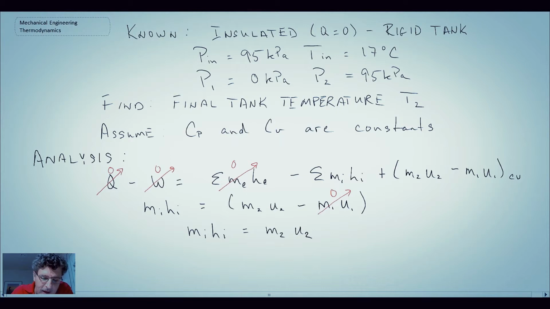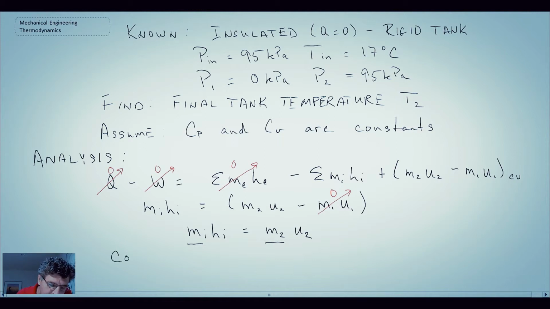By studying it for a moment, on the left-hand side we have the mass in, and on the right-hand side we have the mass at state 2. It was originally evacuated, so everything that flows in becomes mass at state 2.